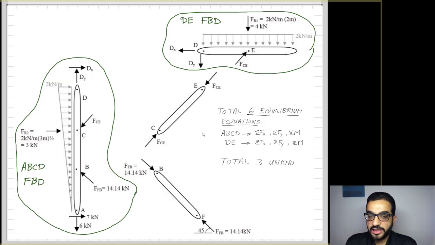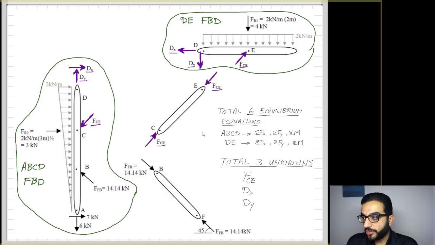If you count the different notations, and pay attention that I'm reversing the direction of the intermediate reactions at the same joint, but the value is still the same, I have here 3 unknowns: the compressive force on CE, force FCE, and the joint intermediate reactions of joint D, Dy and Dx. So 3 unknowns, and I have 3 equations.